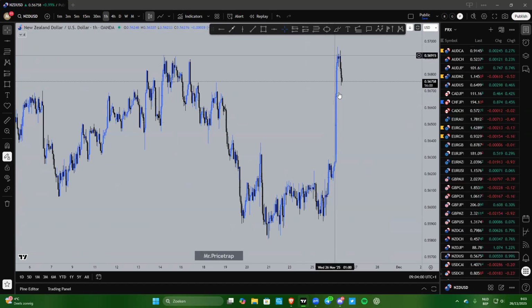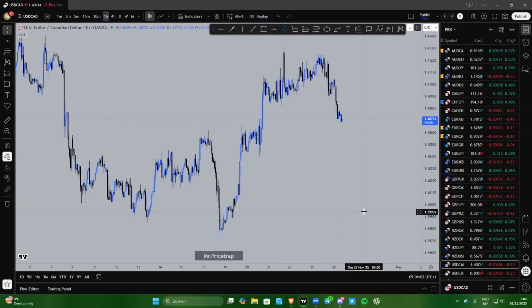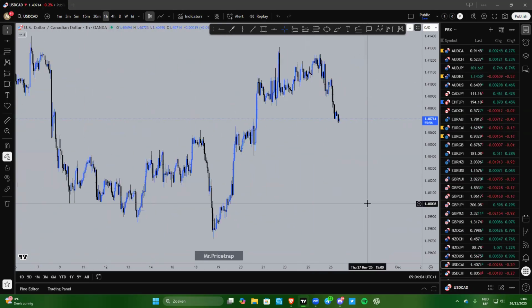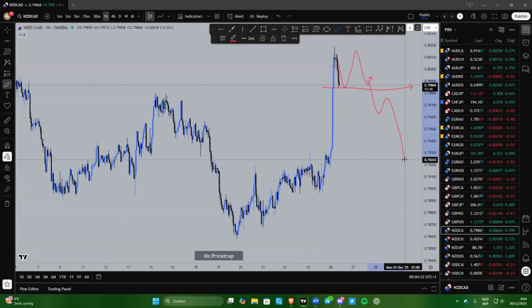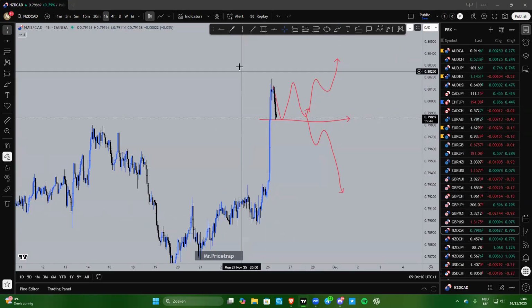Because of that push, we don't have a lot of structure that we can work with. It will come, that structure. So a lot of times you will see something like this happen, and then you simply wait for the breakout retest, or of course the breakout retest to the upside. That's basically what I would be looking for.